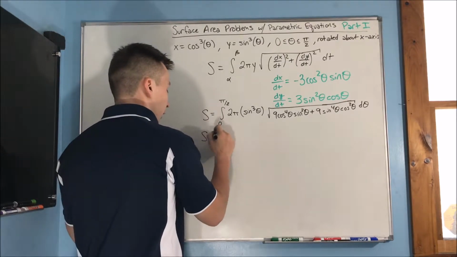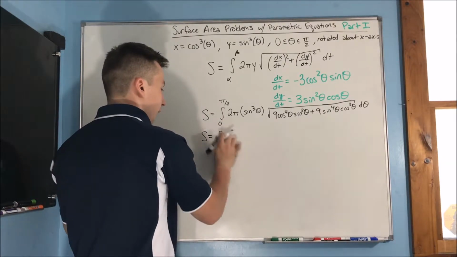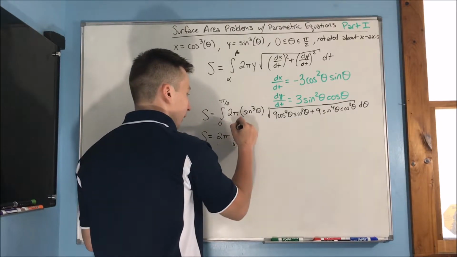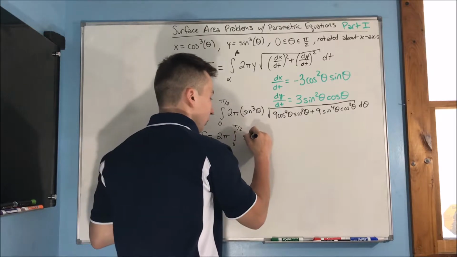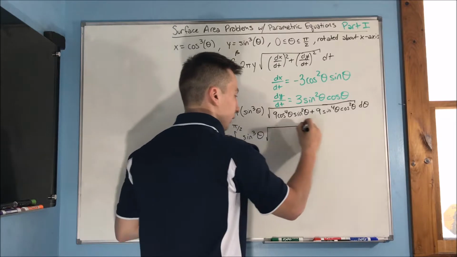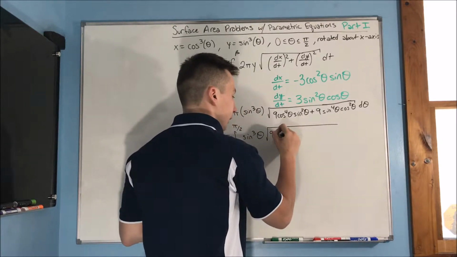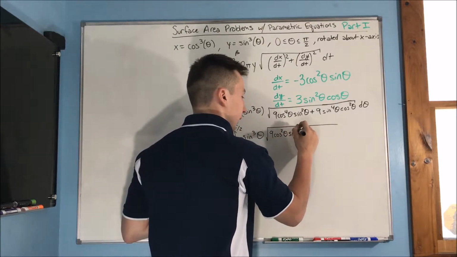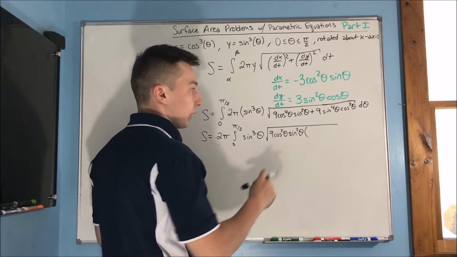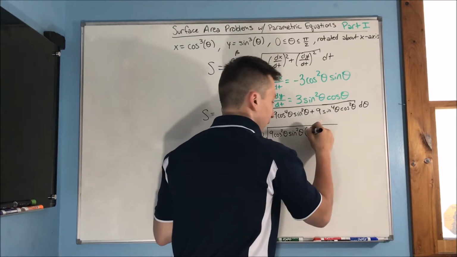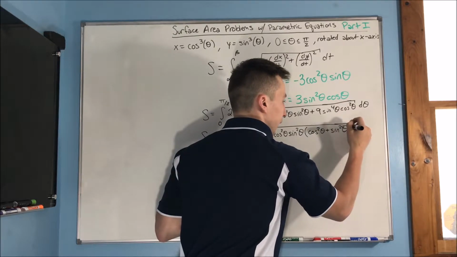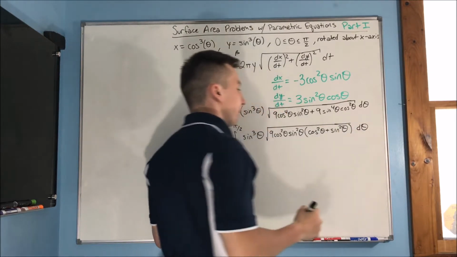Okay, so you can rewrite this as the surface area equals 2 pi, the integral from 0 to pi over 2, sine cubed theta, and then we can have the square root of 9 cosine squared theta sine squared theta, and then what's left on the inside? Well, it's just going to be a cosine squared plus sine squared, so that's perfect. We get a cosine squared theta plus sine squared theta right here, and then d theta.